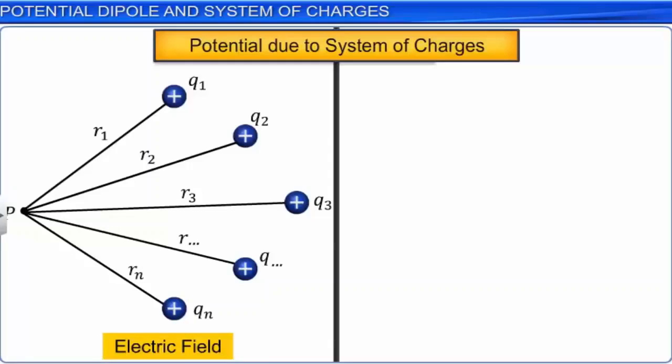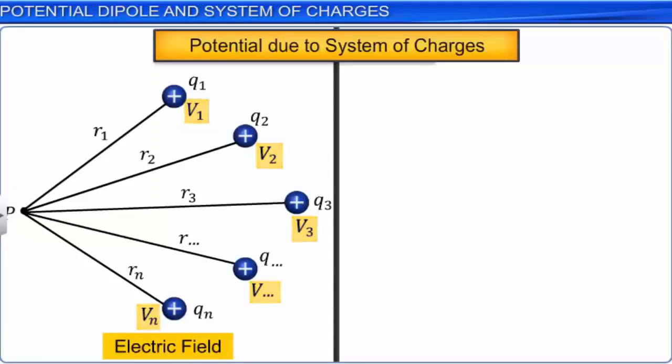The potentials due to Q1, Q2, Q3, and so on up to Qn at point P in the electric field are represented by V1, V2, V3, and so on up to Vn respectively.